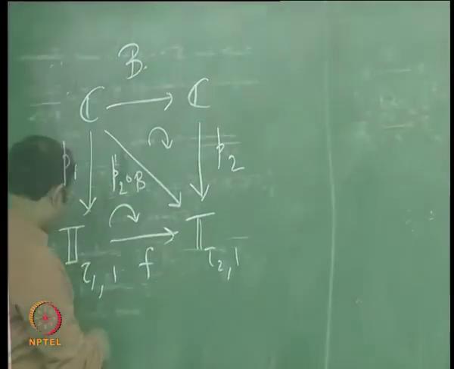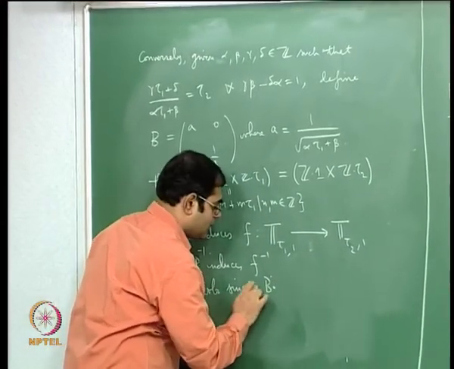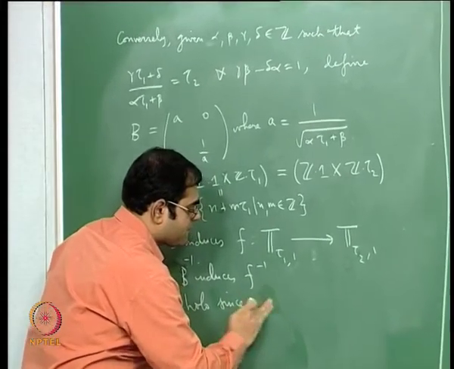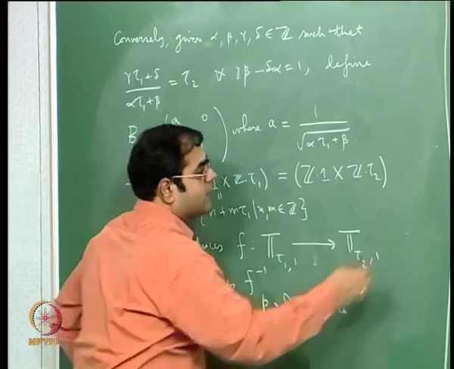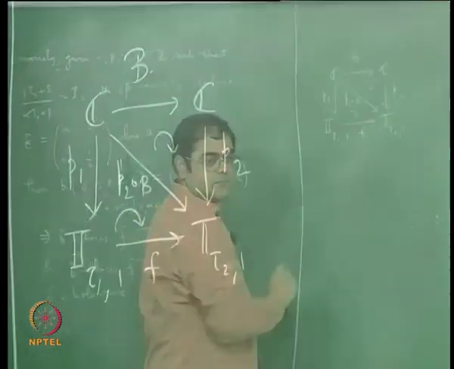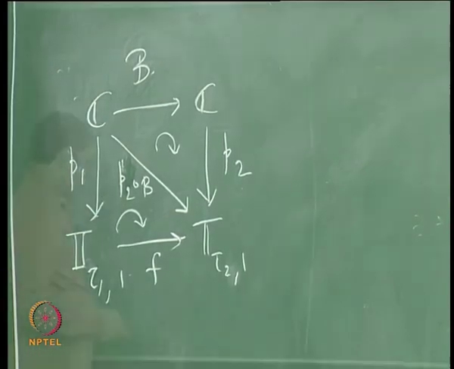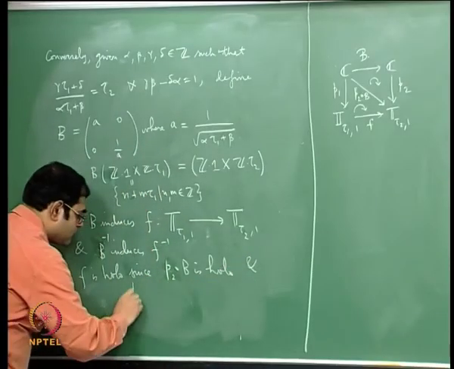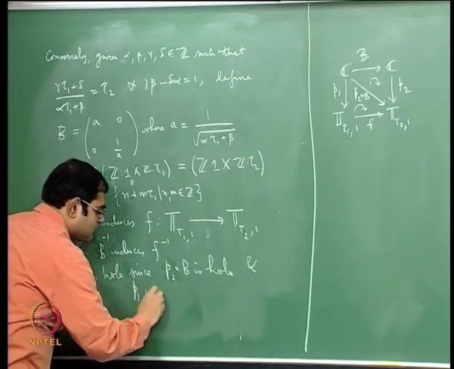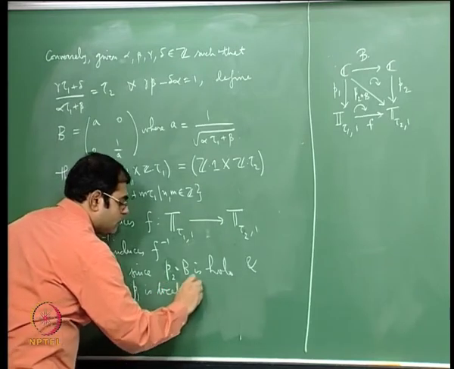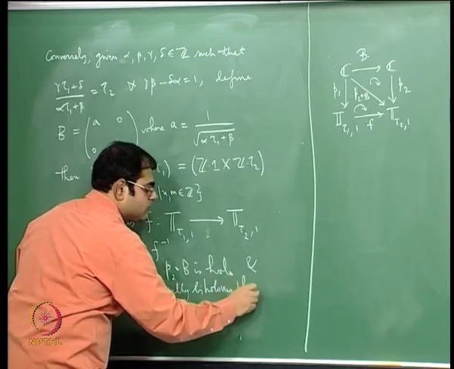So what I am going to say is that F is holomorphic since P2 circle B is holomorphic, okay. This is holomorphic because it is a composition of holomorphic maps, and because P1 is locally biholomorphic, okay.